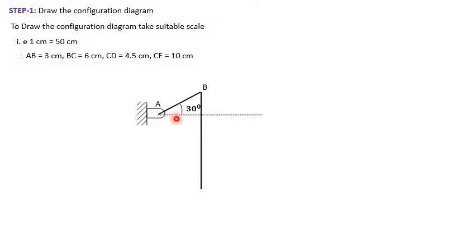In order to locate another horizontal line for reference, or line of action, I need a reference line from the point A. From this reference line, I will measure 6 centimeter and draw another line of reference, or line of motion or line of action. So from this, measure 6 centimeter and draw another horizontal reference line.